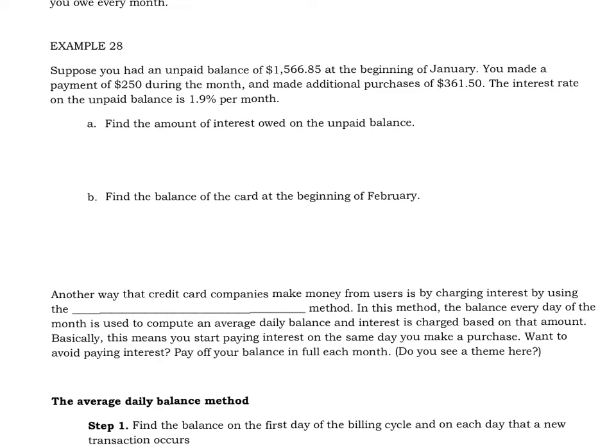Okay, so at the beginning of January, you get your credit card bill and you owe $1,566.85. Okay, so that is your starting point. You make a payment during the month. When you make a payment, that lowers the amount of money that you owe the credit card company.